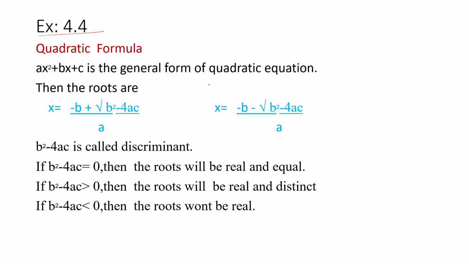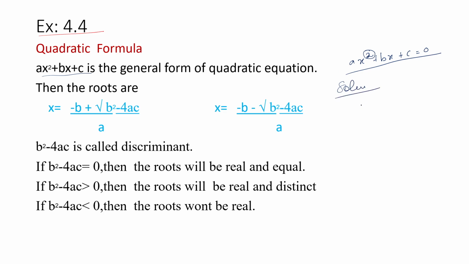First of all, this is the general form of a quadratic equation, ax square plus bx plus c equal to 0, in which the highest power of the variable is 2. I have explained the quadratic equation and its form in the videos for 4.1, 4.2 and 4.3. We have also seen the solution for a quadratic equation in the previous videos.